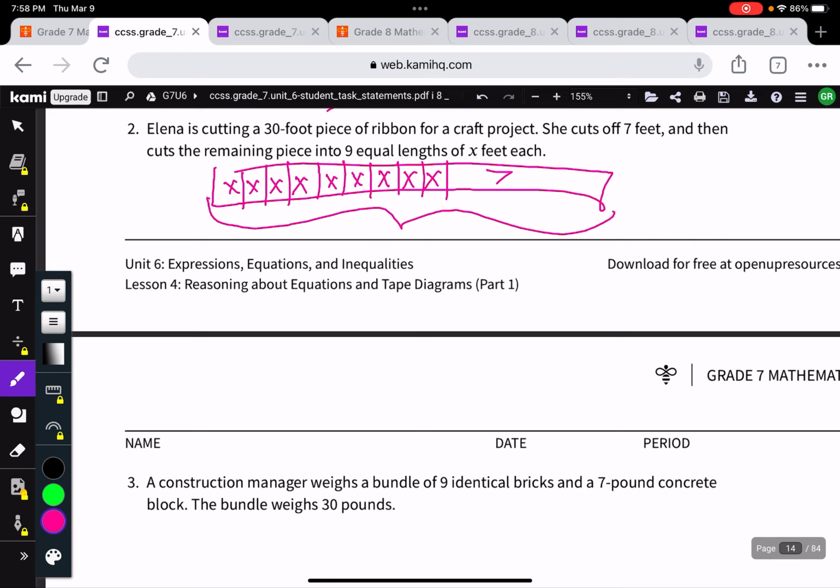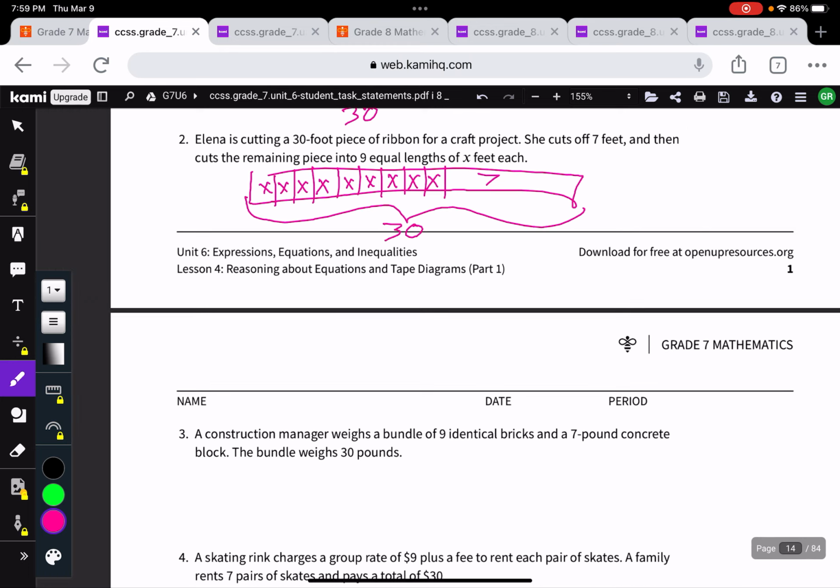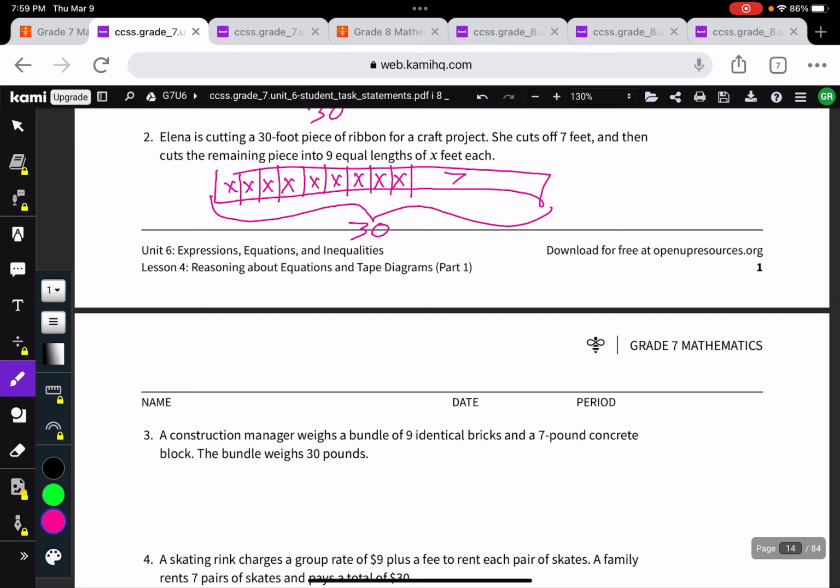And all of that is equal to 30. Take a look at that and see if that makes sense to you. Pause it if you have to, but that's what that's essentially saying. There's my ribbon, 9 equal pieces, and then there's one that's just 7. That might not be drawn to scale, but that's all right. I'm just drawing random lengths.